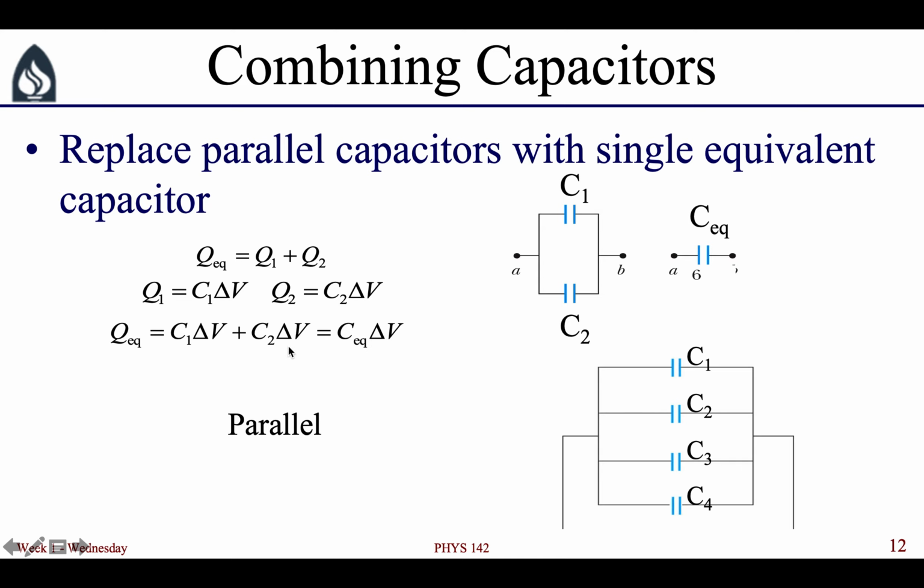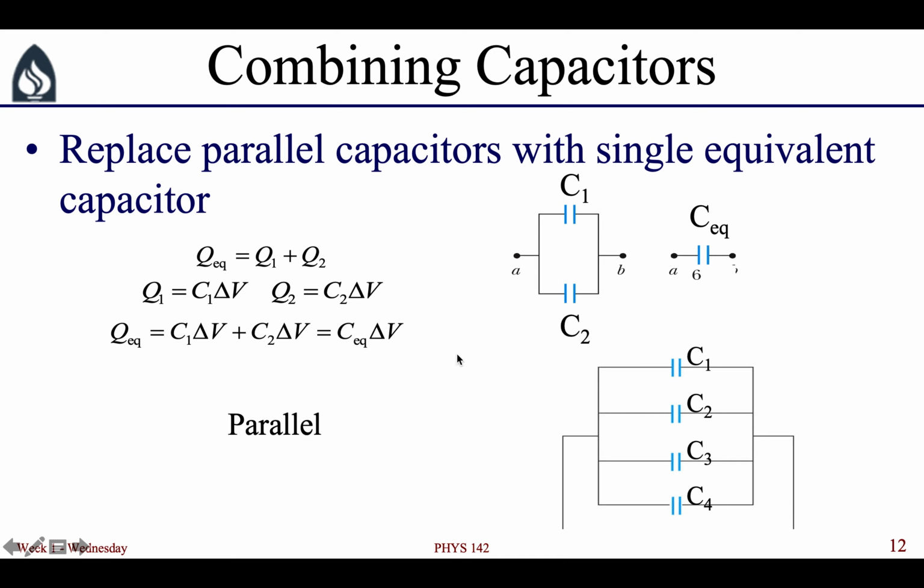And so that is then going to be equal to the equivalent capacitor times the potential difference. The potential difference across this equivalent capacitor would be the same as across either of the two capacitors. The waterfall needs to have the same height as either of these two.